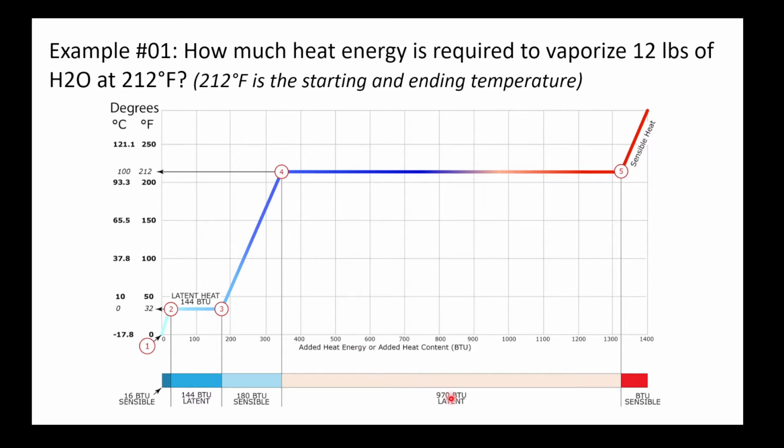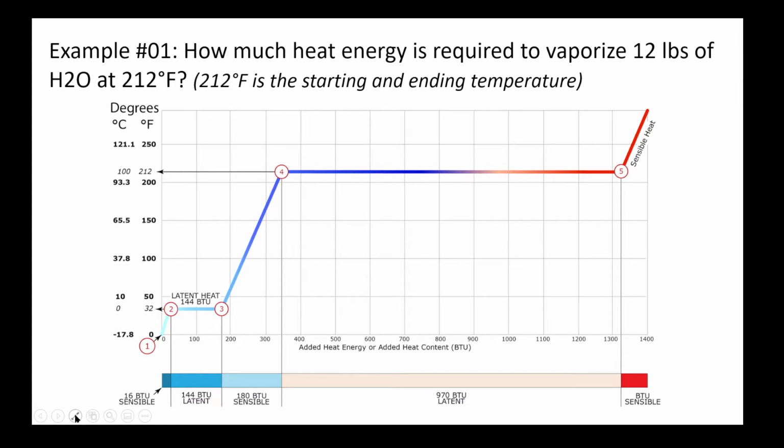And we do know for 1 pound of water, we need 970 BTUs of latent heat to either vaporize or condense. The question is asking about 12 pounds.